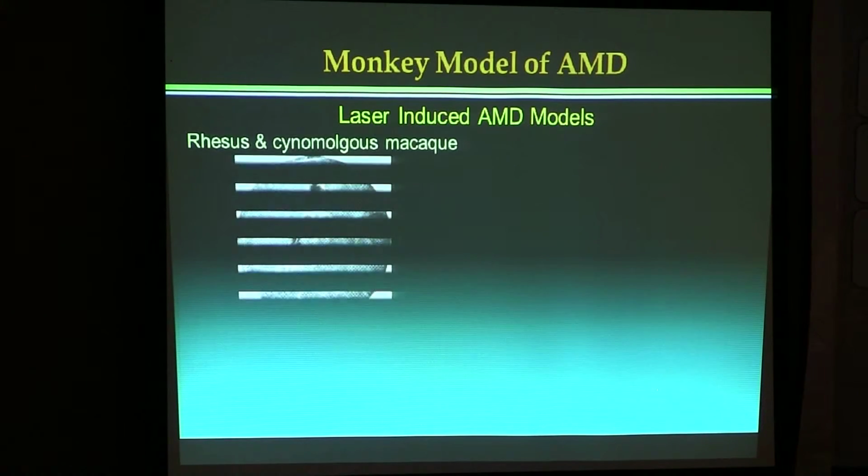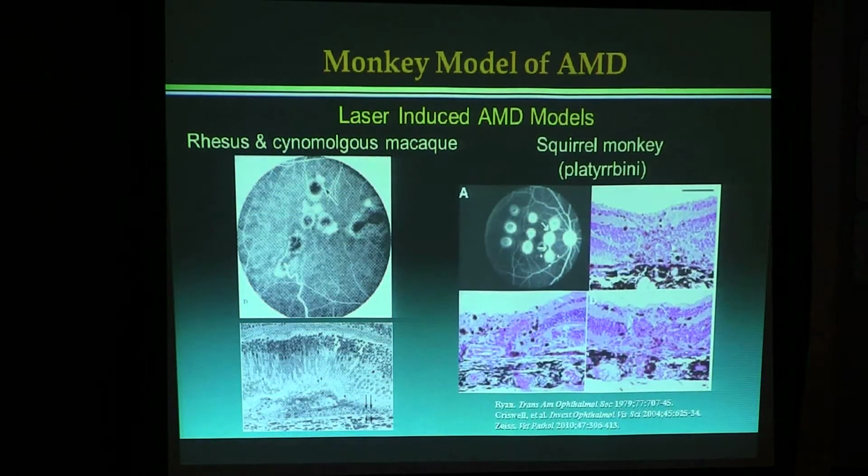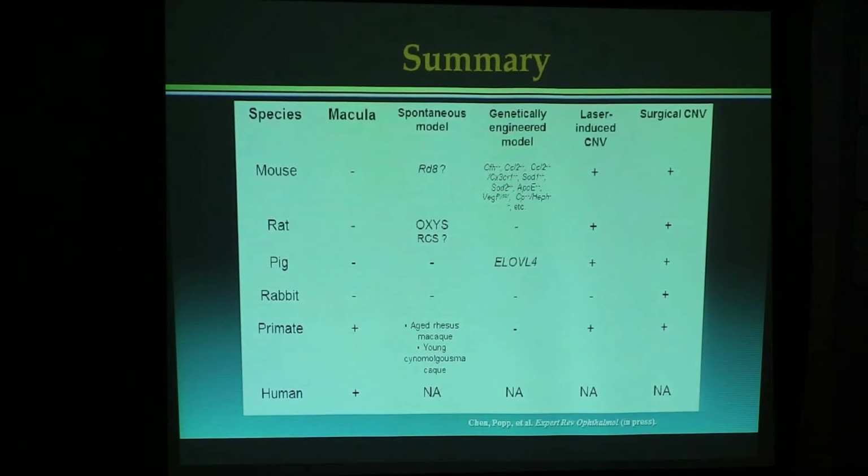Laser-induced AMD models in monkey were done very early, and Steve Ryan, the late Steve Ryan, popularized that, and in the 1970s he already published, and you can see the laser-induced lesion very nicely. But of course, monkey is expensive and also involves a lot of ethical problems.